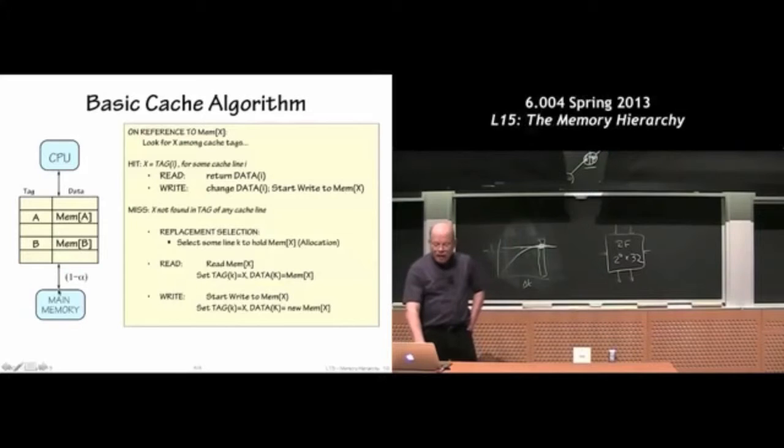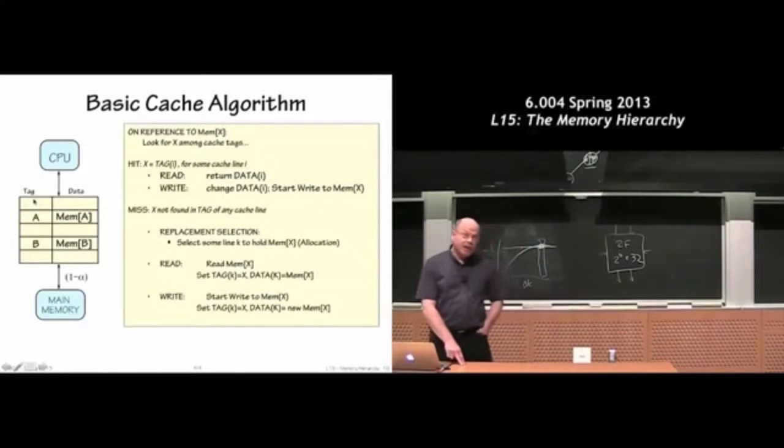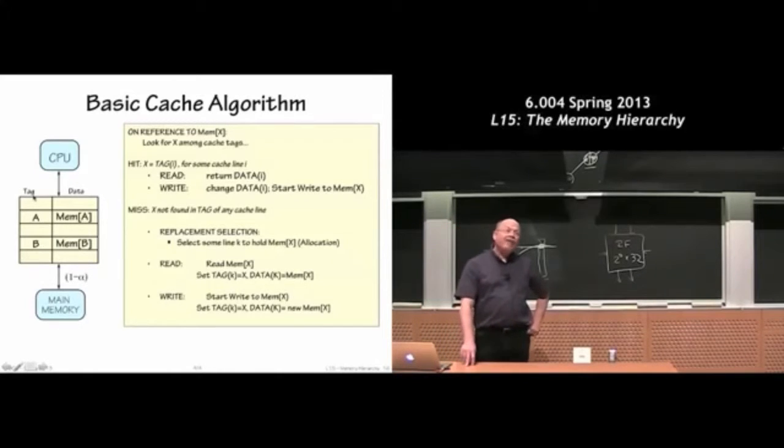If there's a miss, what does it mean to miss? I ask for address C, and it's not in this table. Hopefully that doesn't happen very often, but when it does happen, I have to go off and pick some line of the cache, that thing in the refrigerator I'm going to throw away, and I'm going to then replace it with the contents of memory location C. So the first time I ask for C, I have to go off and fetch it from memory.